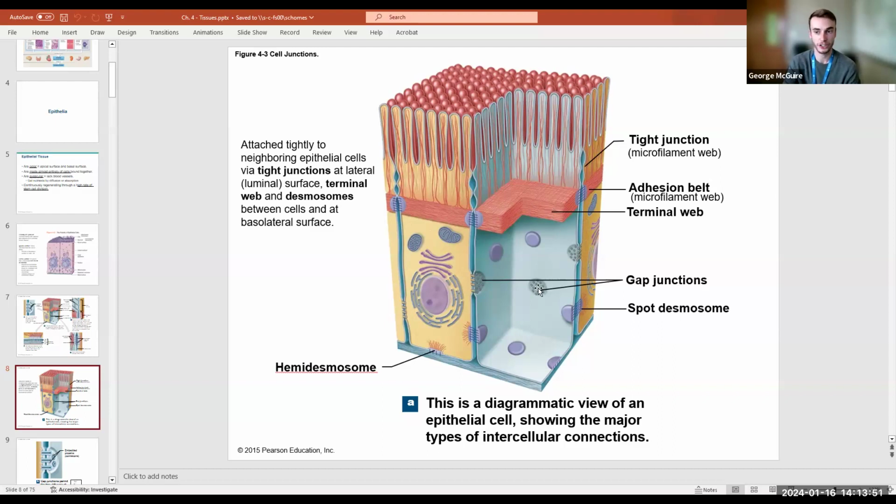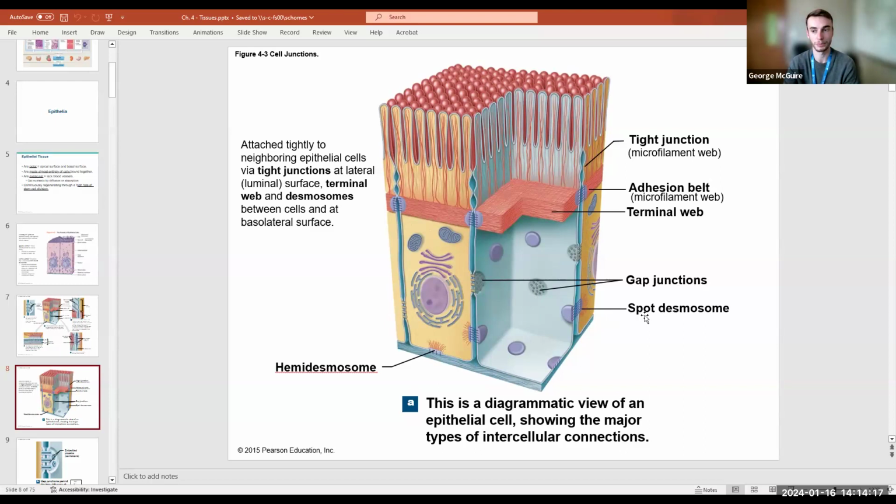We have gap junctions, which are full of porous transport proteins, which will allow the diffusion of molecules between neighboring cells. Any regular diffusion or transport of molecules between neighboring cells in epithelium is going to be through these gap junctions. And then the tightest or strongest connections that these cells have are at desmosomes.